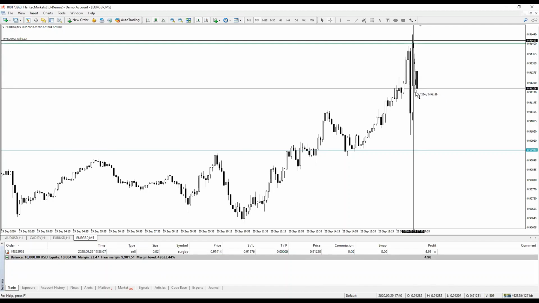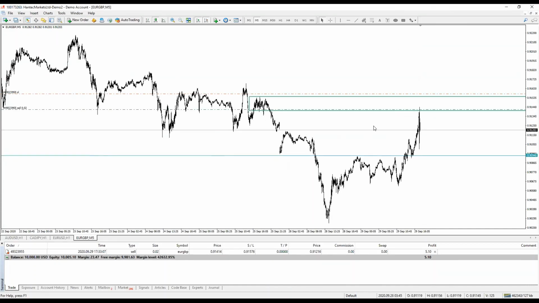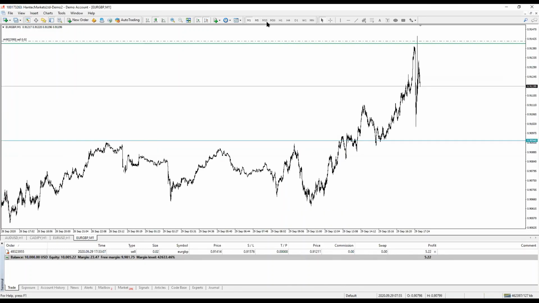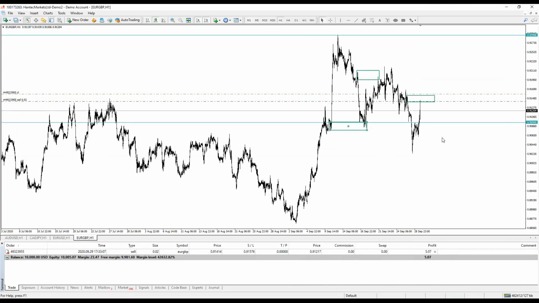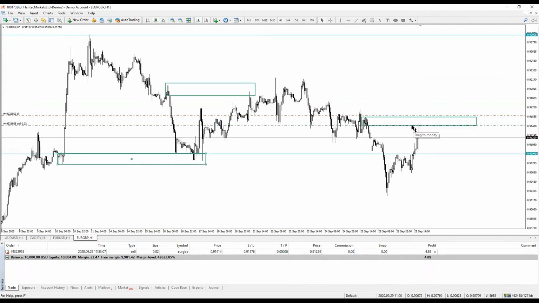It gave a 25 pip low, and now it continued to go down. So here you can see a supply that we've done in real time, reacting in real time. So here's our proof for supply working in real time.